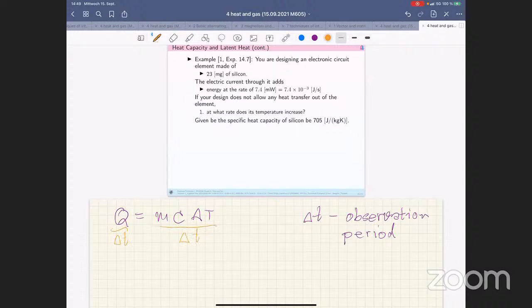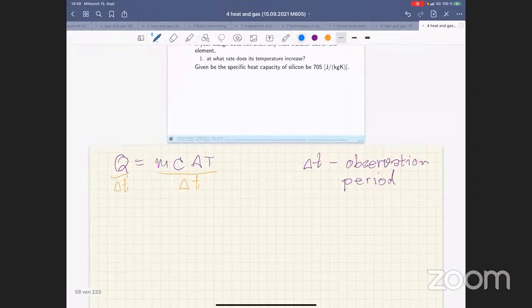And what you get will be Q by delta t, and M and C and delta T divided by delta t again, right here. And you move M and C to the left hand side, because you want to find the increasing rate of the temperature, right? This one.